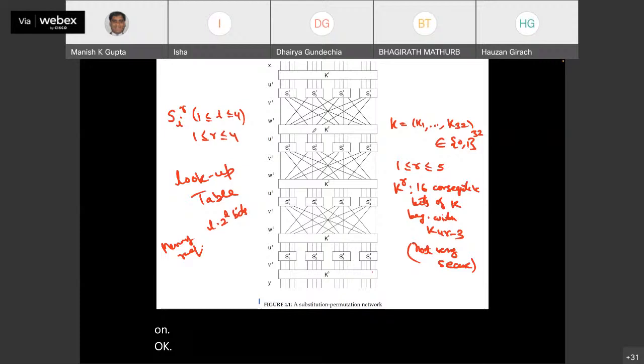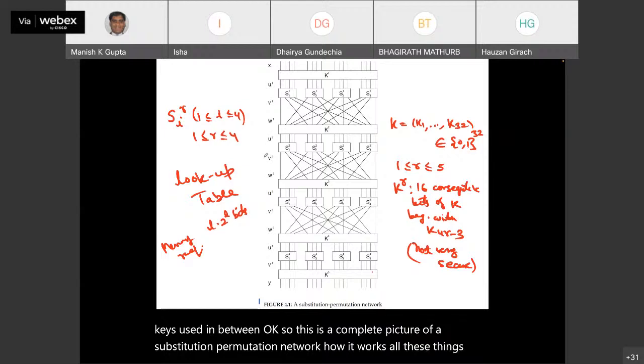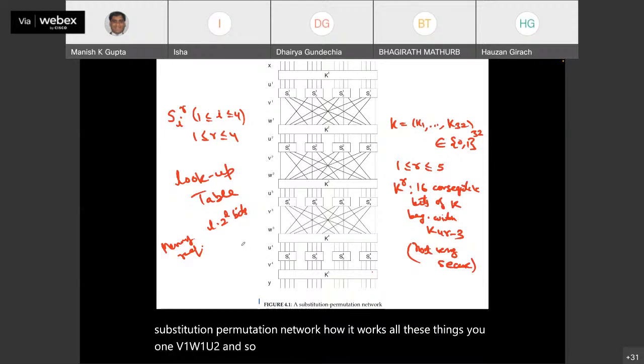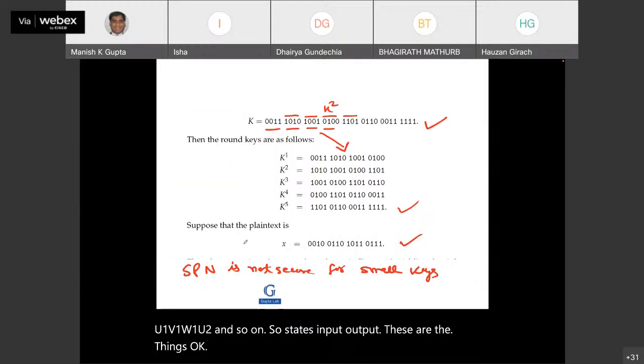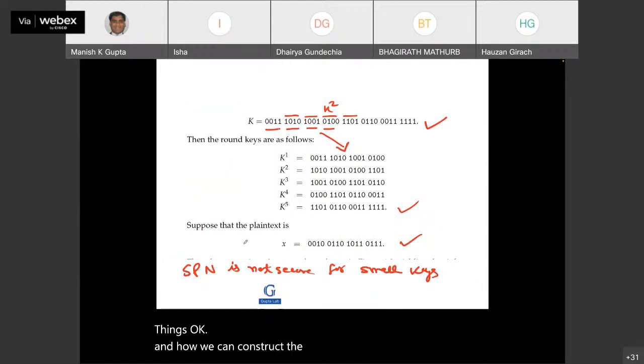Then there is a key, and you can see that the key is used in between. This is the complete picture of a substitution permutation network, how it works with U1, V1, W1, U2, and so on: the states, inputs and outputs. And we construct the key through an algorithm.